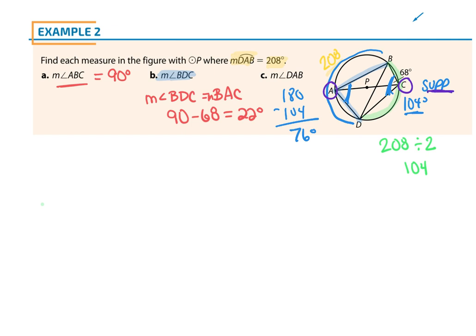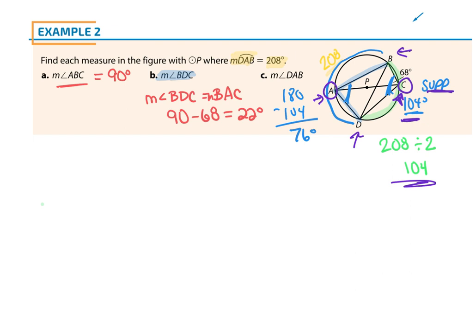A and C are supplementary, B and D are also supplementary. All right? So a lot of stuff is going on when they give you one picture. You've got to be able to figure out which inscribed angle you're talking about, which arc you're talking about, and work it one at a time.